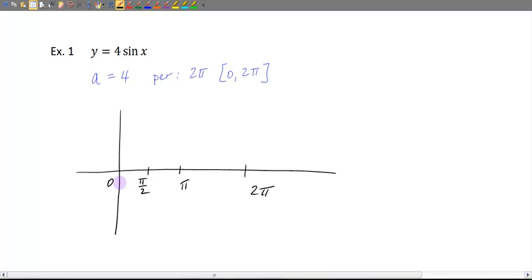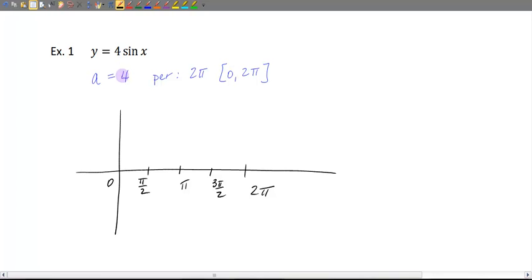And if I am incrementing by pi over 2 to get from 0 to pi over 2, then I can add pi over 2 to this value, and I end up with 3 pi over 2. So this is how we're going to start laying out our x-axis intervals every time we graph a function, either sine or cosine.